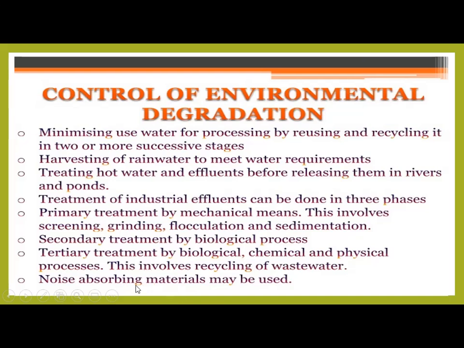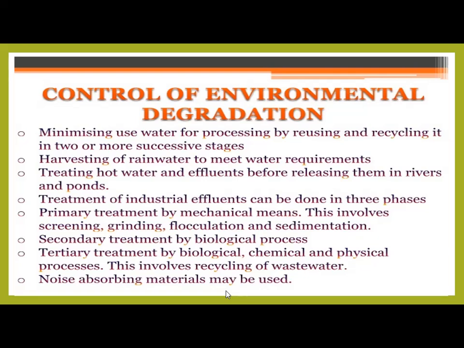In the factories, noise absorbing materials should be used so that noise pollution can be reduced. Machinery and equipment can be used with generators and should be fitted with silencers.